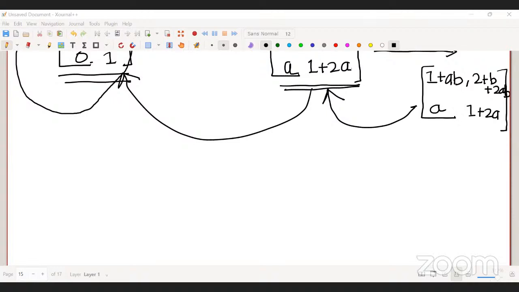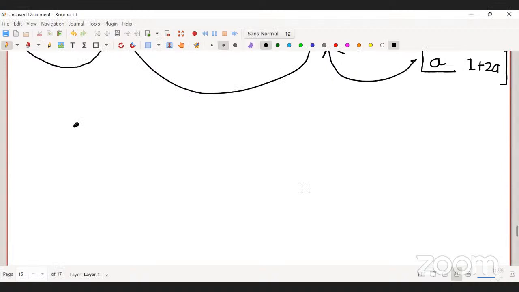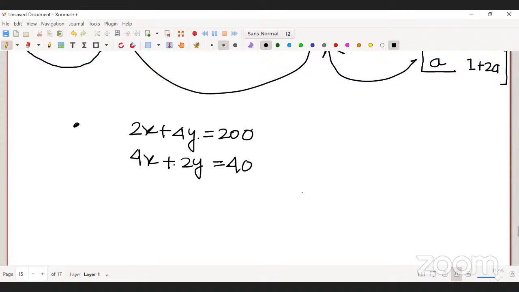Yes, sir. 2x1 plus 4x2 is equal to 200, sir. The next equation is 4x plus 2y is equal to 400. Yes, sir. Here the slopes are different only, sir. Then it will be unique.